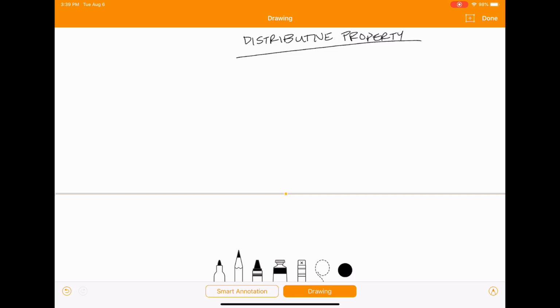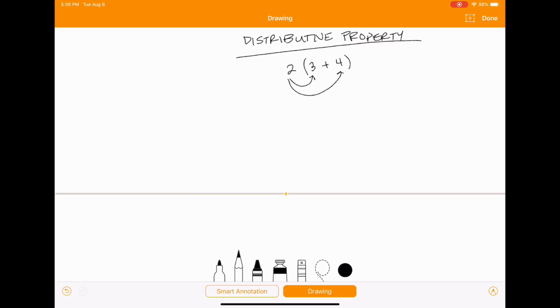So the distributive property says that when you have some operation in parentheses, just say 3 plus 4, and that whole thing in parentheses is being multiplied by something else, you can actually distribute this multiplication to both of these and add those products together.